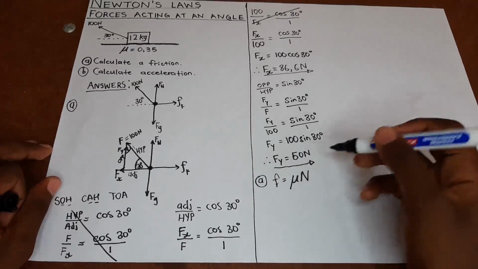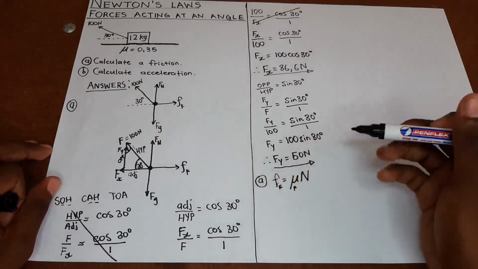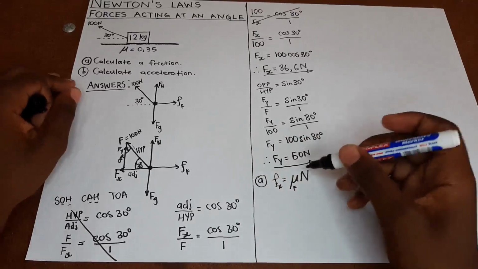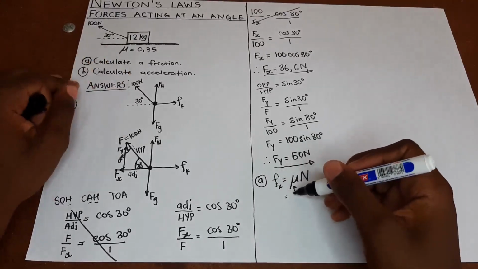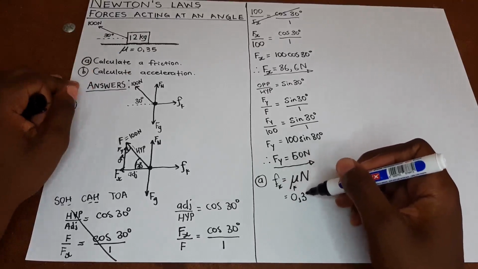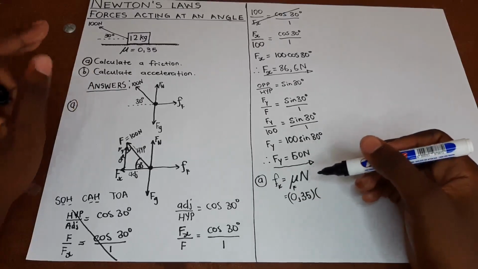Let's say this is our kinetic frictional force, because the object is moving. So this is equal to 0.35 multiplied by the normal force.